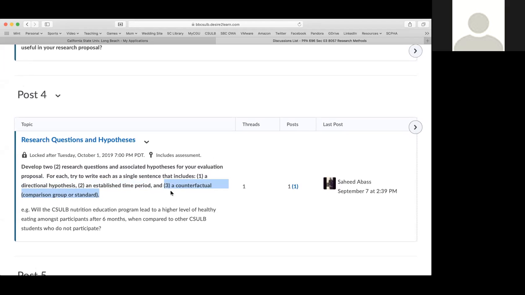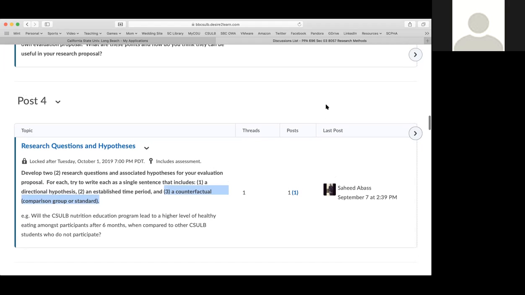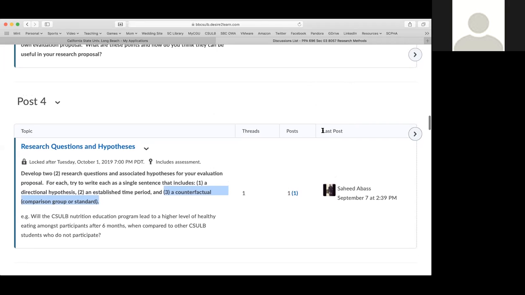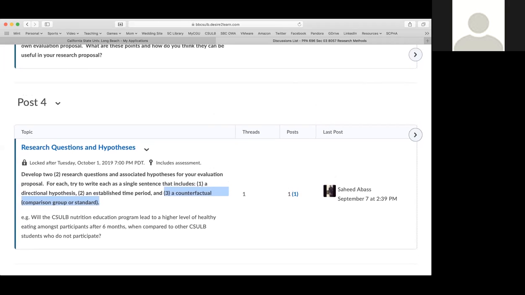So think about it, it might be the same participants, but before they started the program. So you could be comparing one point in time to a later point in time. You might be comparing people who participate in the program with people who are on a wait list and haven't started yet. You might be comparing some students in one class to students in a different class who aren't receiving the same type of information or training.